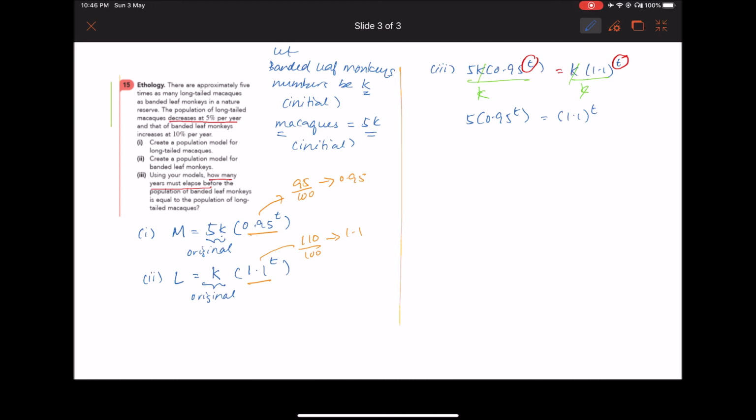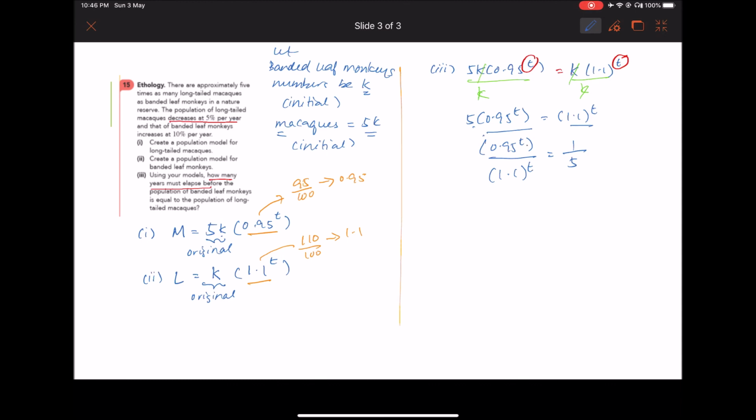Maybe I just keep it to the left hand side. 0.95T, and this one I'm going to combine. 0.95T divided by 1.1T equals, bring the 5 over, 1 over 5. You can do the other way, it doesn't matter.